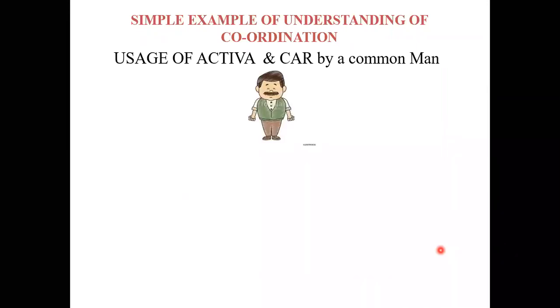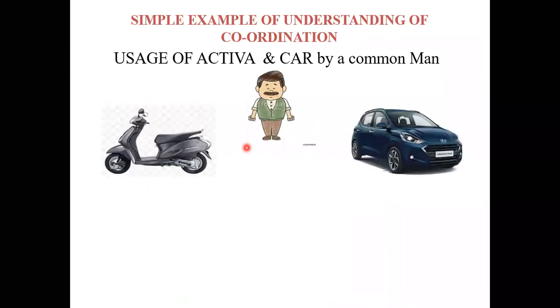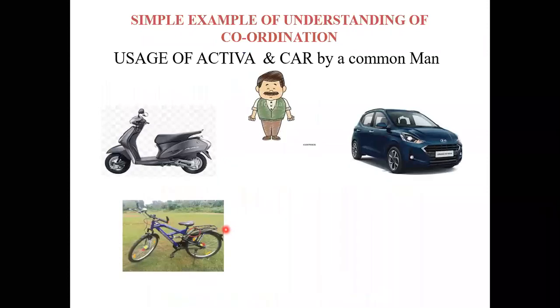Let us consider he is a common man, and he has some sources. The first one is an Activa, the second is a car, the third is a cycle, and the last is walking. So let us assume he has 4 options.